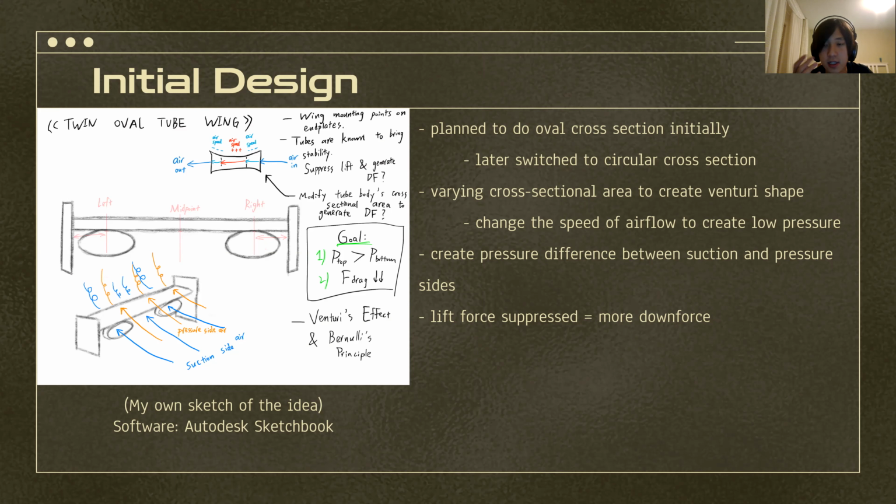Therefore, I can increase the airflow speed when the air goes through the tubes, creating a low pressure zone on the suction side of the wing. This low pressure zone will interact with the normal pressure zone on the pressure side, aka the top side of the wing, creating this pressure difference, therefore pushing the car down to the ground. Hopefully it will produce more downforce and suppress the lift.